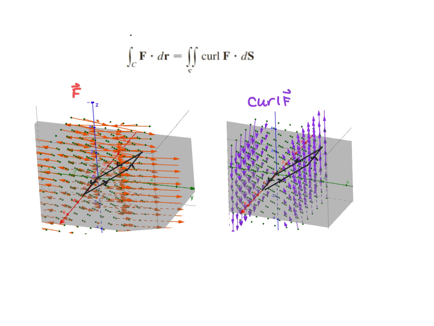Remember in the video that I did about divergence and curl, the curl measures the propensity of this to swirl around, if you will. At any given point, the curl will be a vector having to do with how much this is swirling around. So at any given point, here would be the curl at that point.